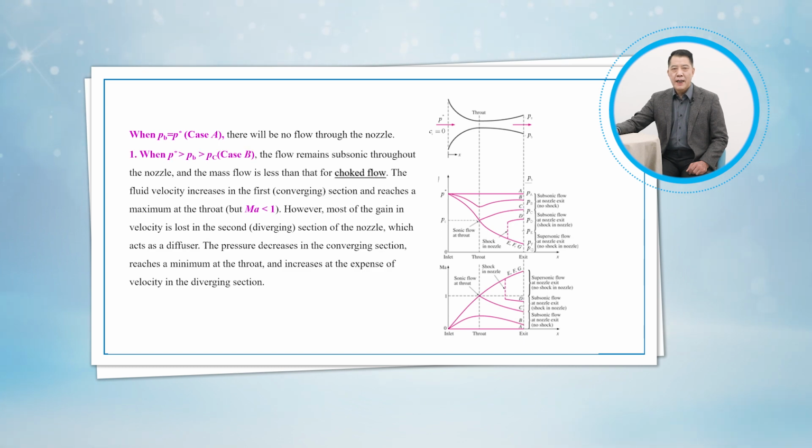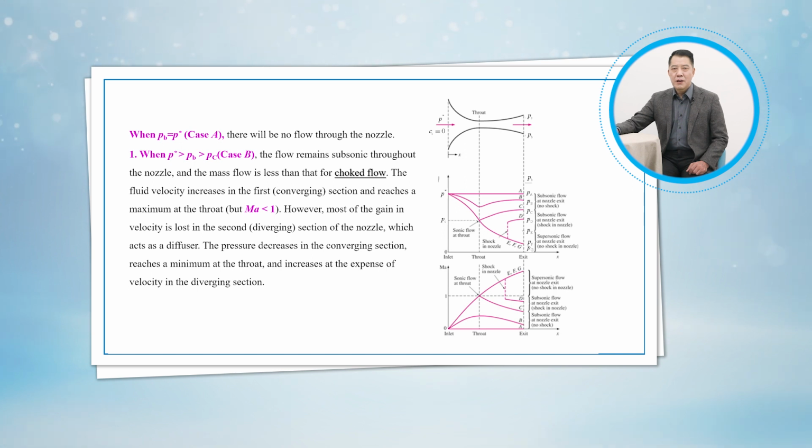Firstly, let's look at case B, where we have lowered back pressure PB. The flow remains subsonic throughout the nozzle, and the mass flow is less than that for choked flow. The fluid velocity increases in the first section and reaches a maximum at the throat.